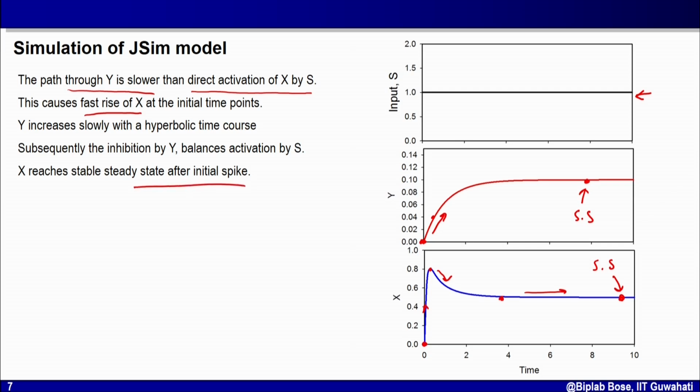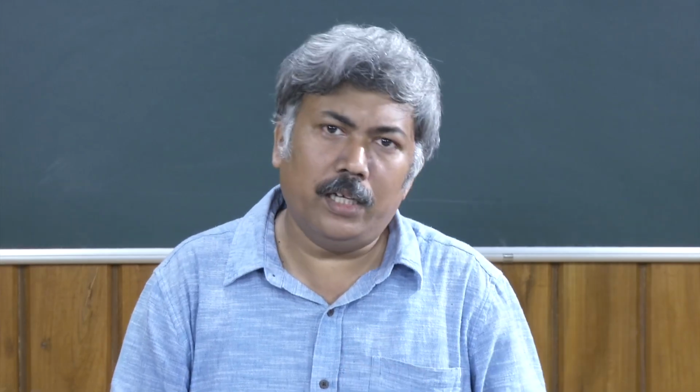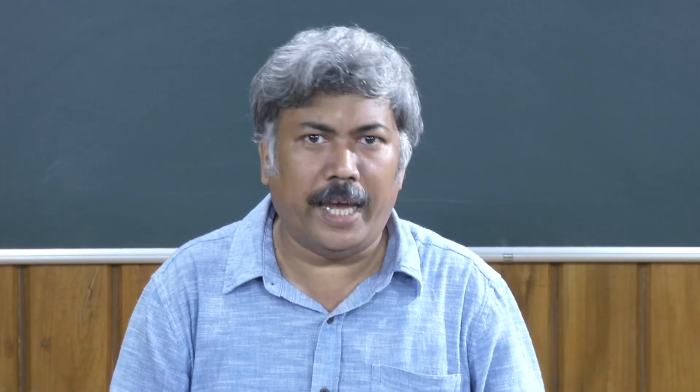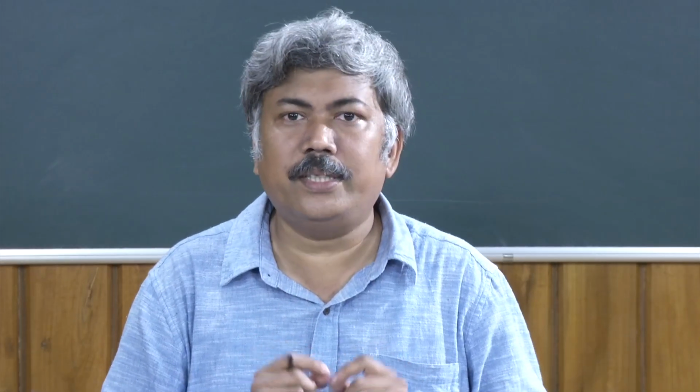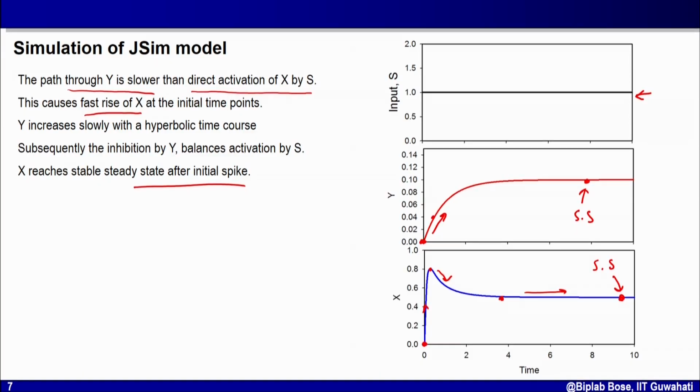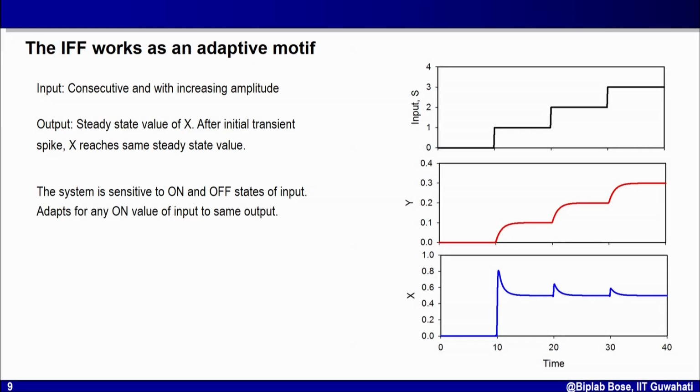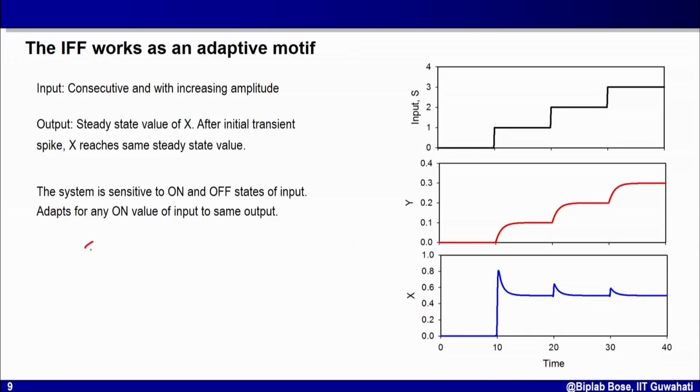Now remember, using algebraic calculation with simplification and the phase portrait, we have shown that the steady state value of x is independent of s. Let us try to see that using numerical simulation using this JSIM code. What I will do here, I will initially keep s equal to 1 and simulate for 10 minutes.